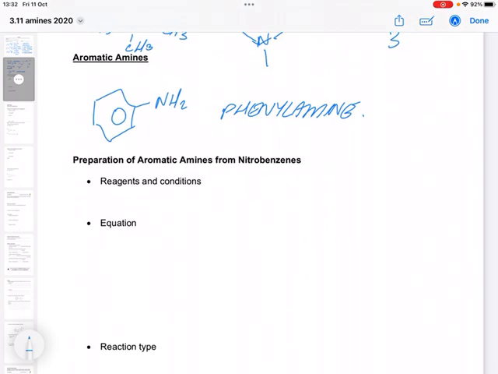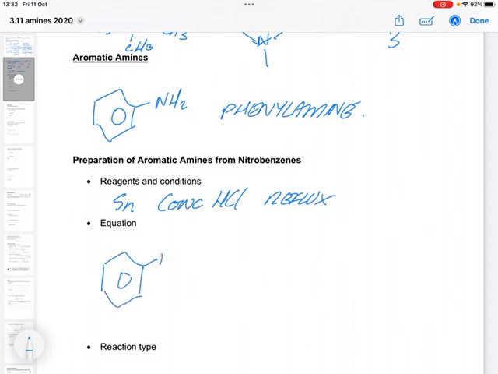So with the aromatic amines, obviously the way that we do that is we use tin catalyst, concentrated HCl, and we reflux. So this is in the aromatic pack.